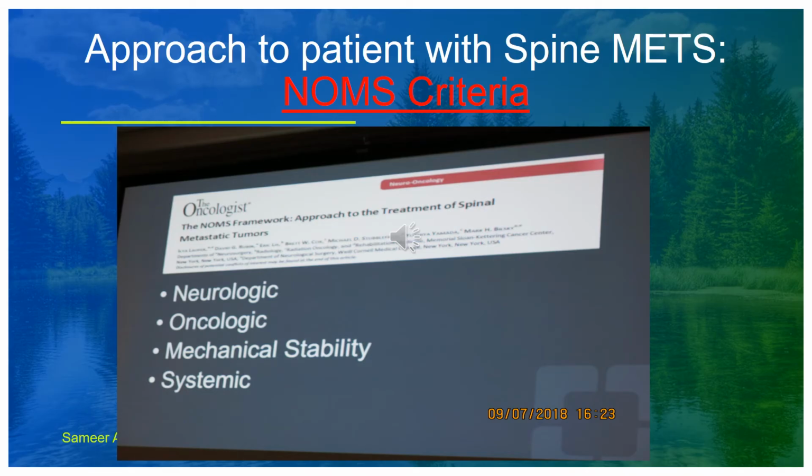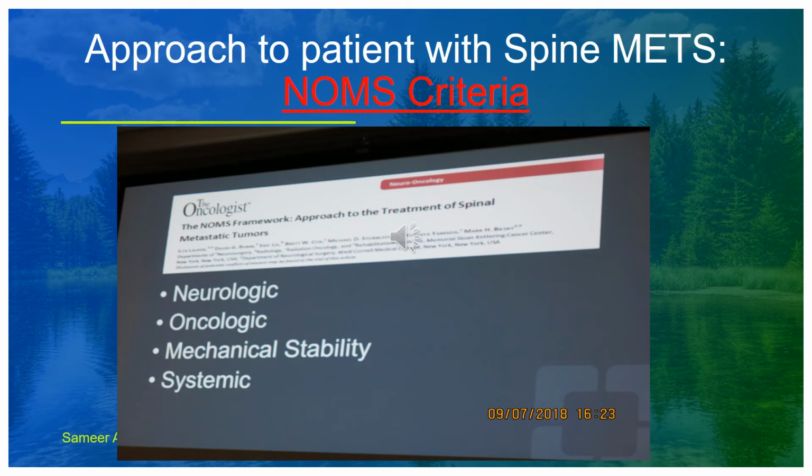This is an important slide. A patient with spine secondaries is approached according to what we call NOMS criteria. NOMS is an abbreviation: N regarding neurologic evaluation, as we said, a careful neurologic examination that involves the sensation and motor examination, the reflexes and tone and so on.